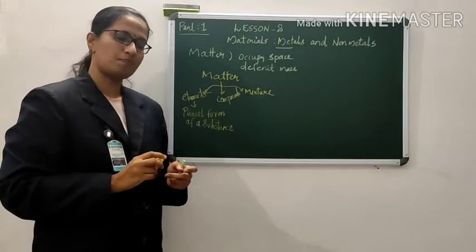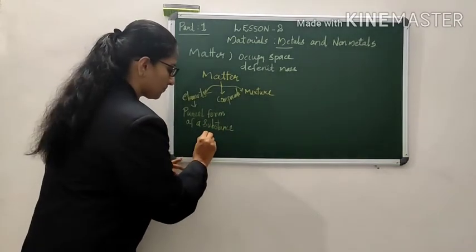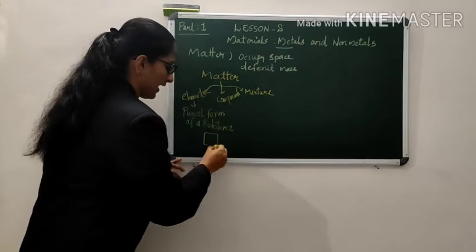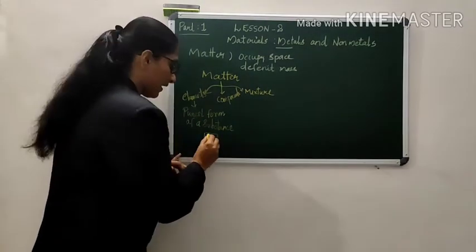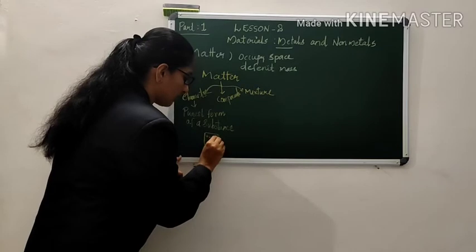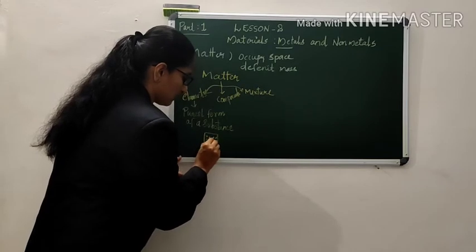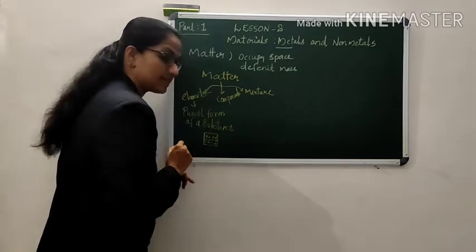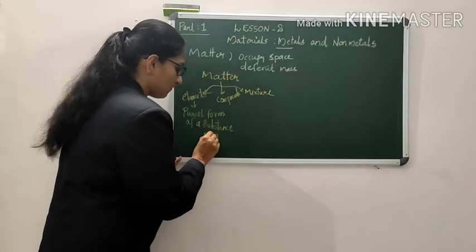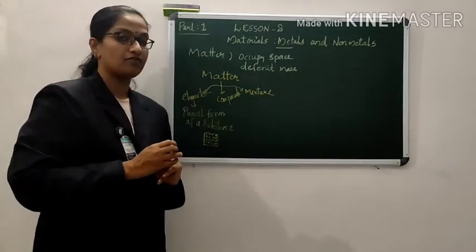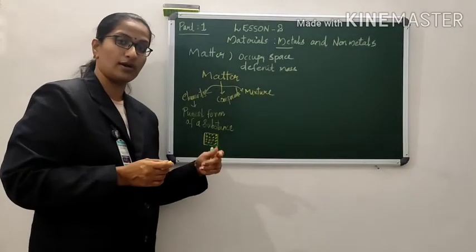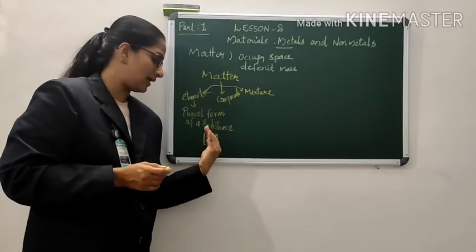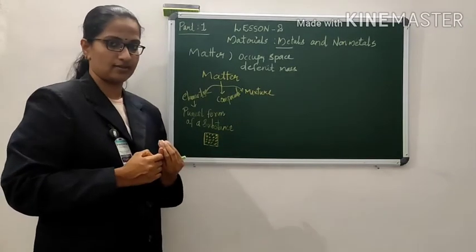Let me show you a simple example. Suppose this is an element, the element has the same type of atoms. If you take an element, it is a pure form. It consists of the same kind of atoms. No other mixtures, no other components. Just the same kind of atoms are present.